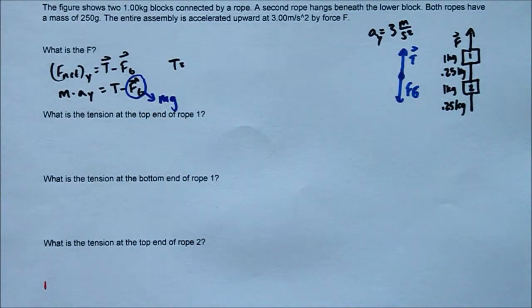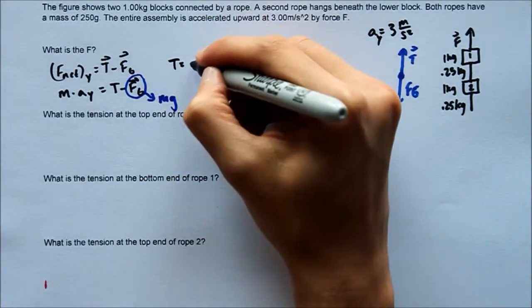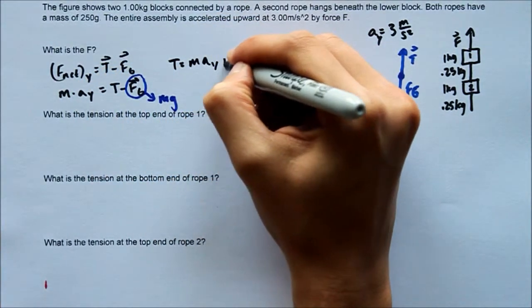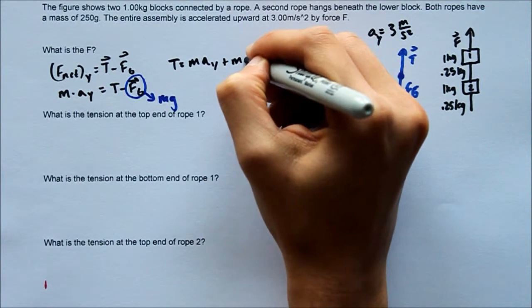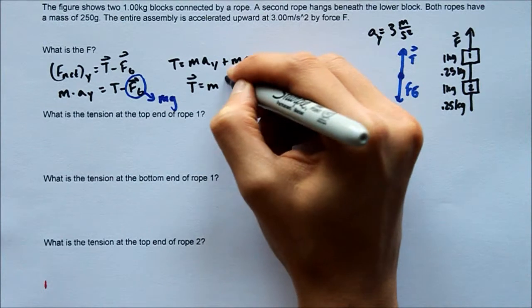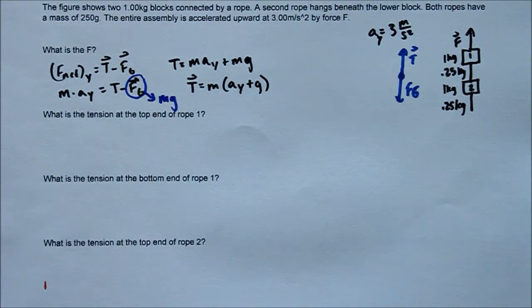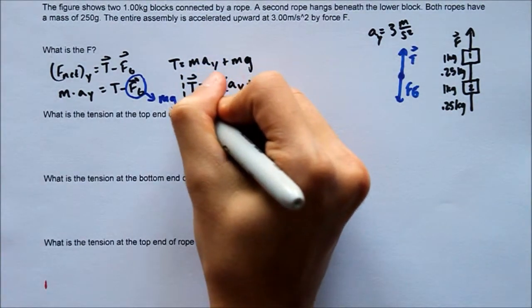So our tension is going to equal may plus mg, m times g. So tension equals m times a_y plus g.